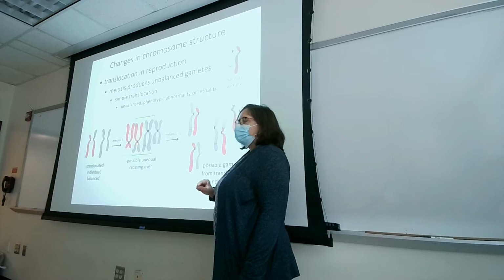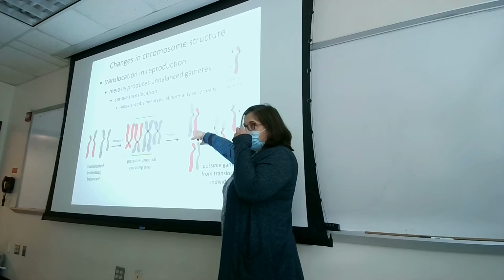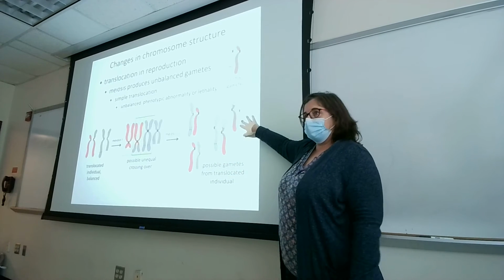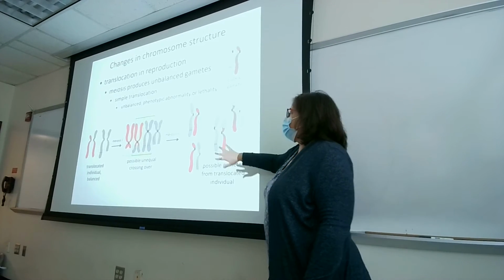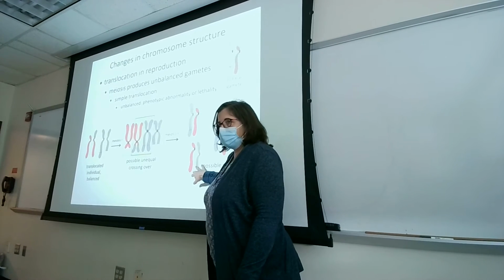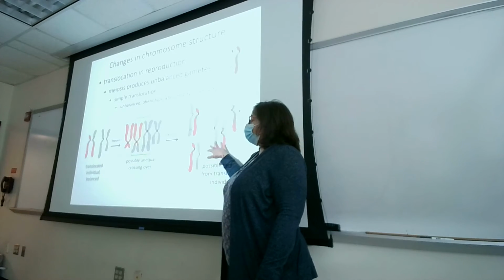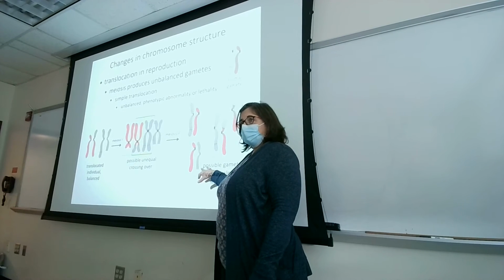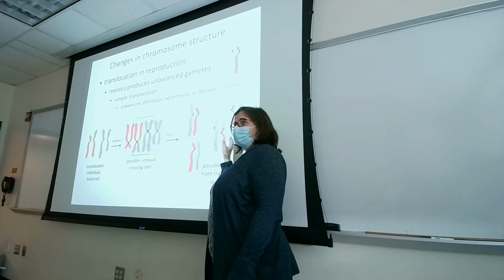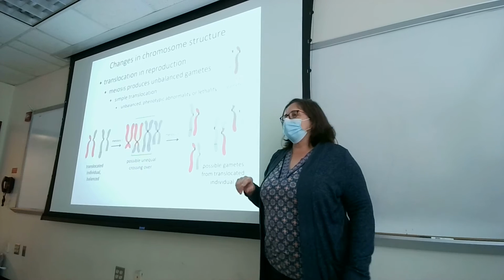Okay? So out of all the possibilities, you can have completely normal, you can have a carrier of the translocation, you can have a duplication, or you can have a deletion. Okay? So these 2 are probably going to cause phenotypes because you have extra stuff or missing stuff, but the other 2 will be pretty normal.